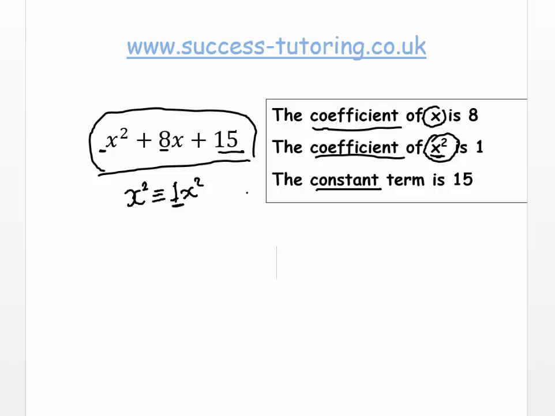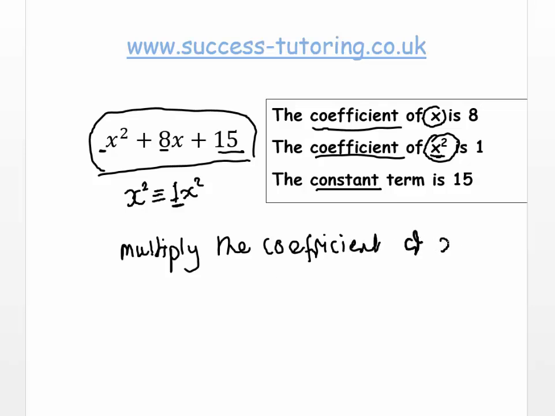Now let's have a go at trying to actually factorise this expression. What we're going to do is multiply the coefficient of x squared by the constant.